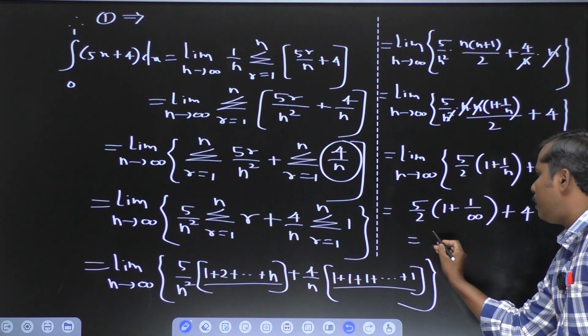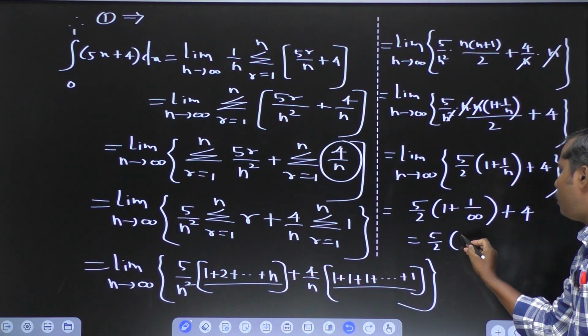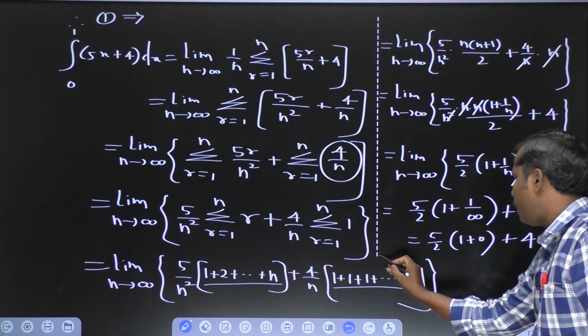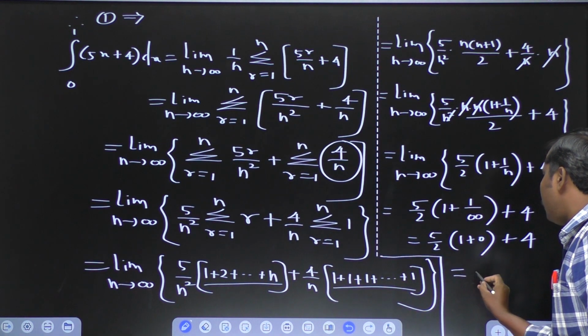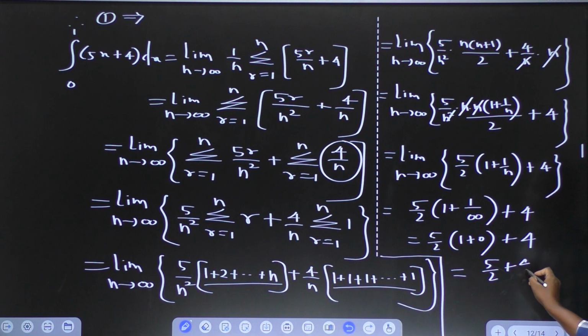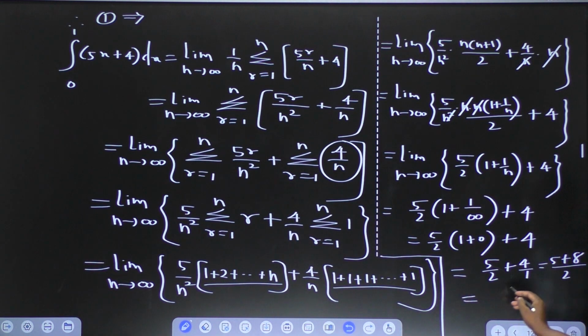Which is nothing but 5 by 2 into (1 plus 0). 1 by infinity is what? 0. Plus 4. So which is nothing but 1 plus 0, 1. So 1 into 5 by 2, 5 by 2 plus 4. 4 means 4 by 1. Go for a cross multiplication. 1 5s are 5, 4 2s are 8, by 2 1s are 2. So the final answer is 13 by 2.